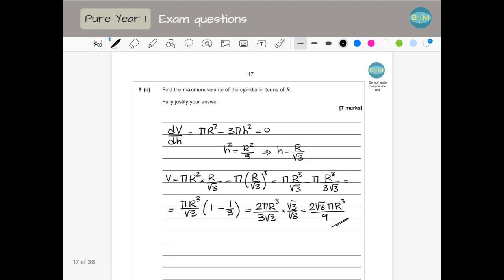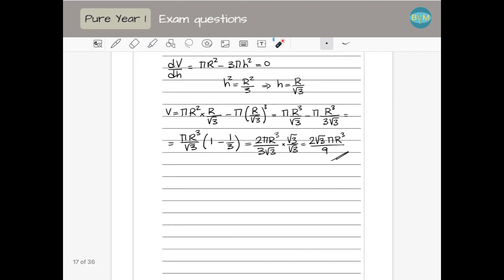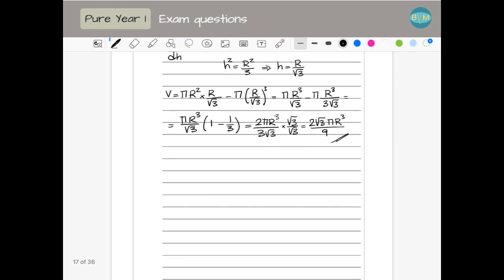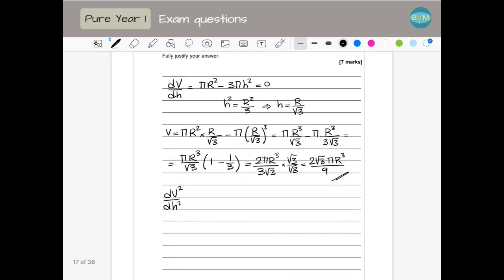It says fully justify your answer and it's 7 marks, which means definitely you have to check it is a maximum. So we are going to differentiate again with respect to h, so we are going to differentiate this expression. This one, when we differentiate with respect to h, is 0. This one is going to be 2 times minus 3, which is minus 6 pi h.